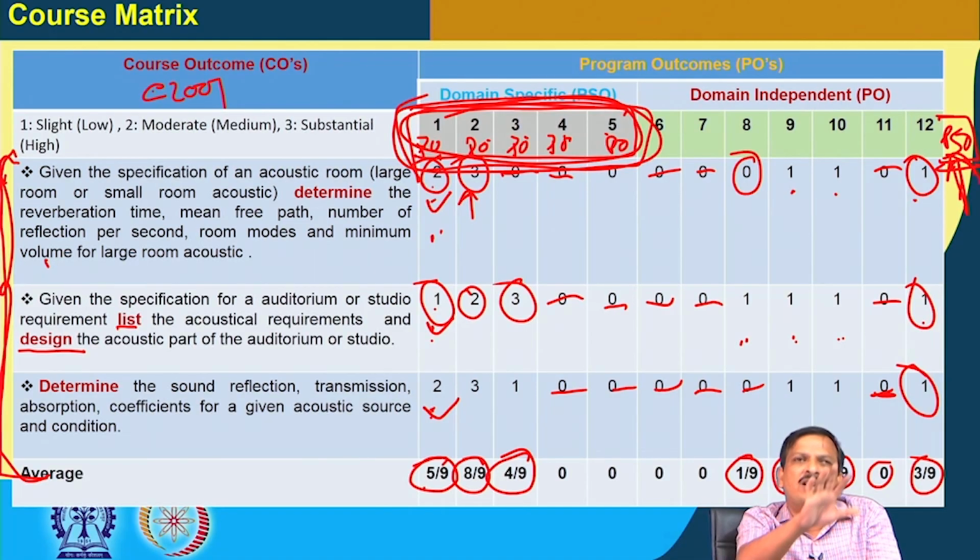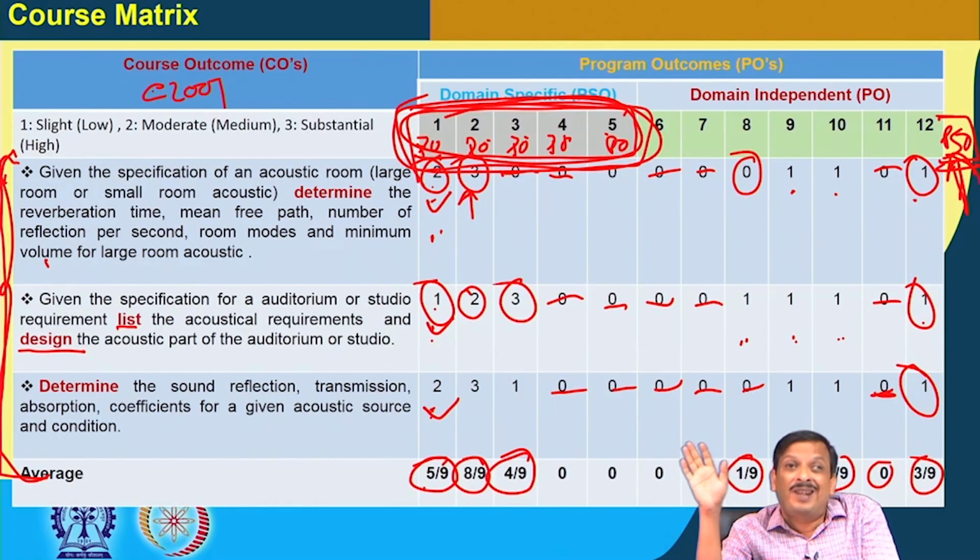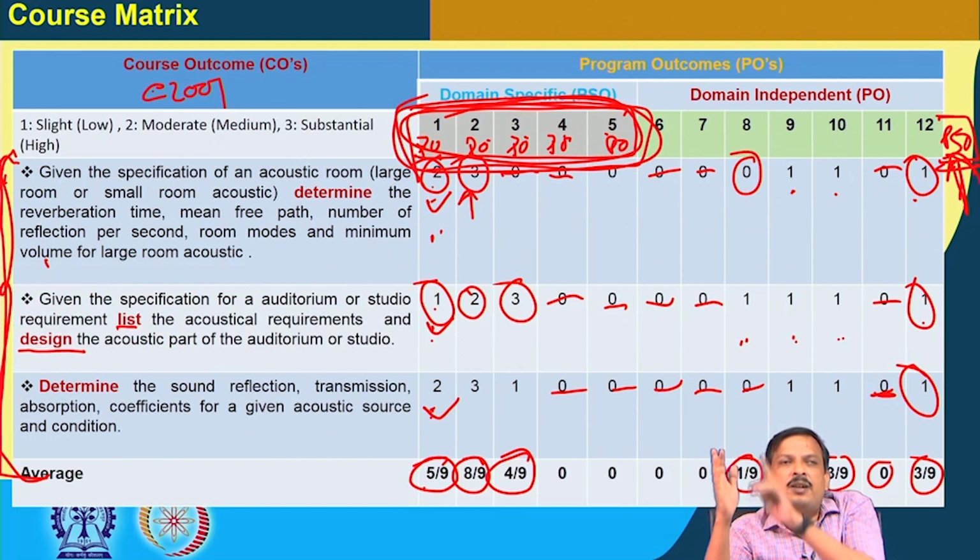You have given a complete modern problem, told them to read this paper, give a seminar. That means he understands, he is able to analyze the problem, then he is able to define the problem, then he is able to present the problem. So, mainly soft skills in seminar: presentation ability, that means communication skill, self-learning skill and individual and teamwork, and some cognitive level which is called analyzing ability.